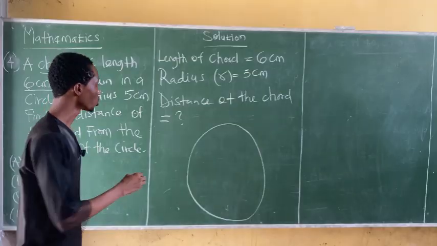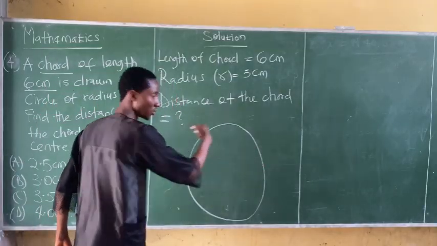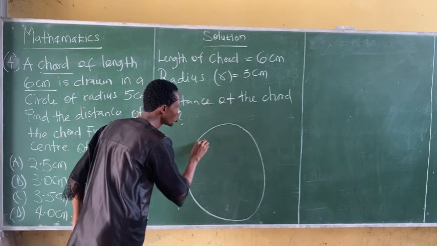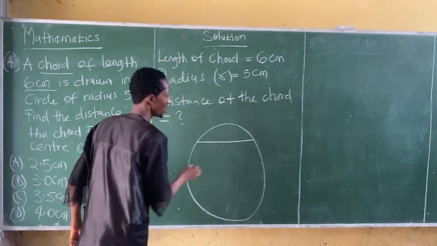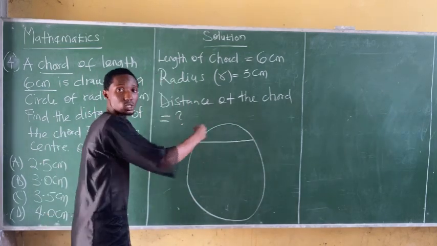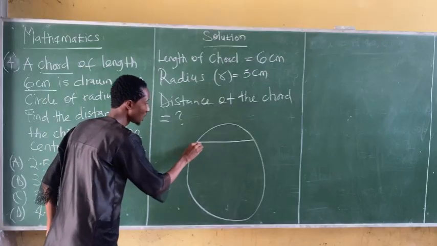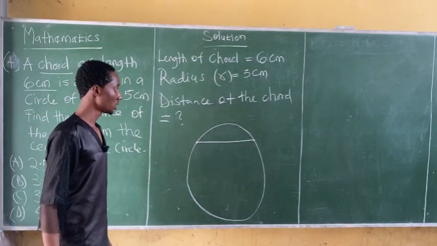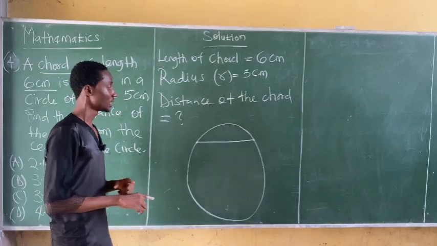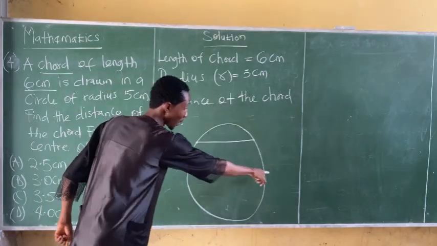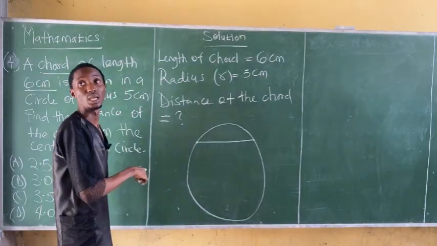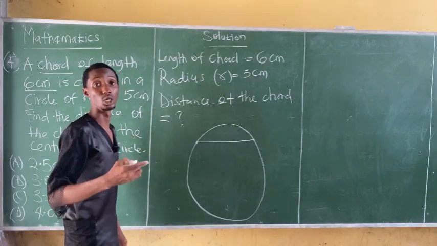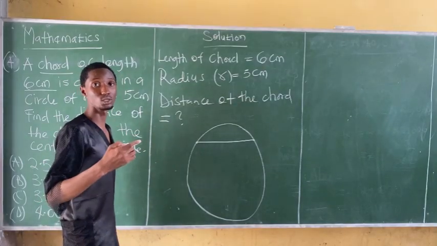A circle. So this is a circle and this is the circumference, right? Let's say this is point A and this is point B. The longest line that passes through the center of the circle is also a chord, but that's called the what? Diameter.